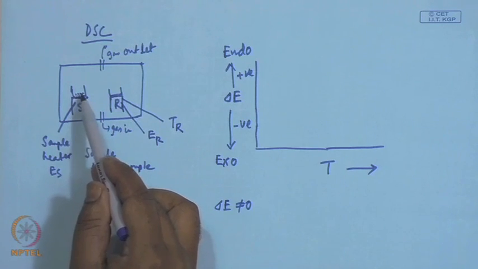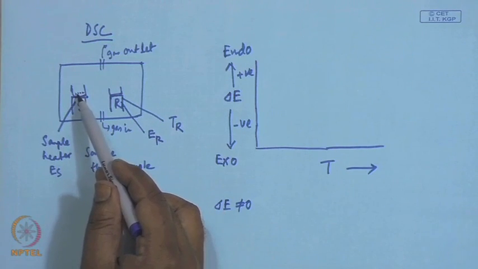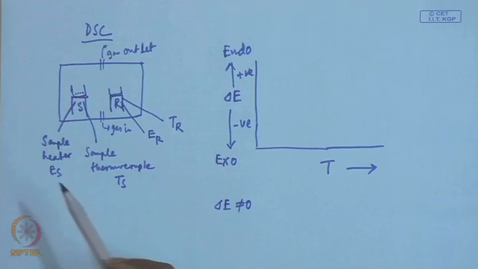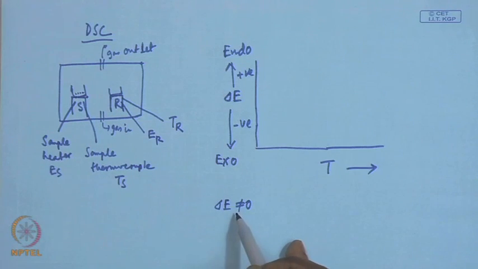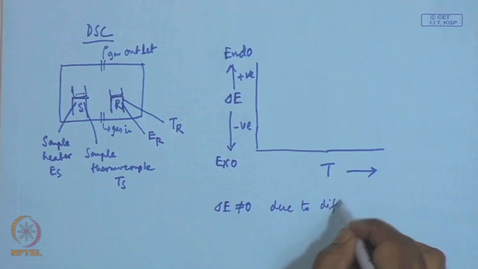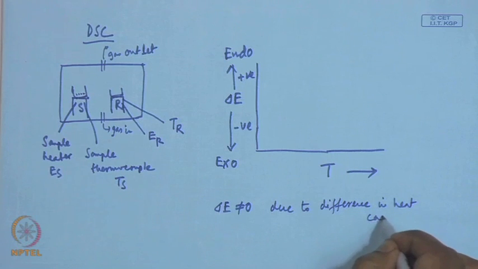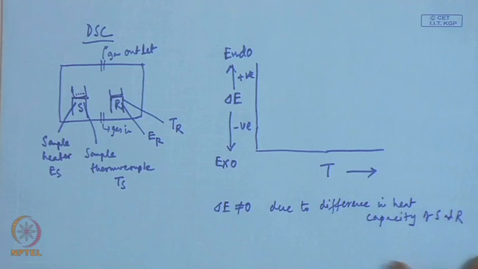So, you always have to supply a different amount of heat, usually higher, to keep the sample at the same temperature as the reference. So, delta E is never equal to 0, due to the difference in heat capacity of the sample and the reference.